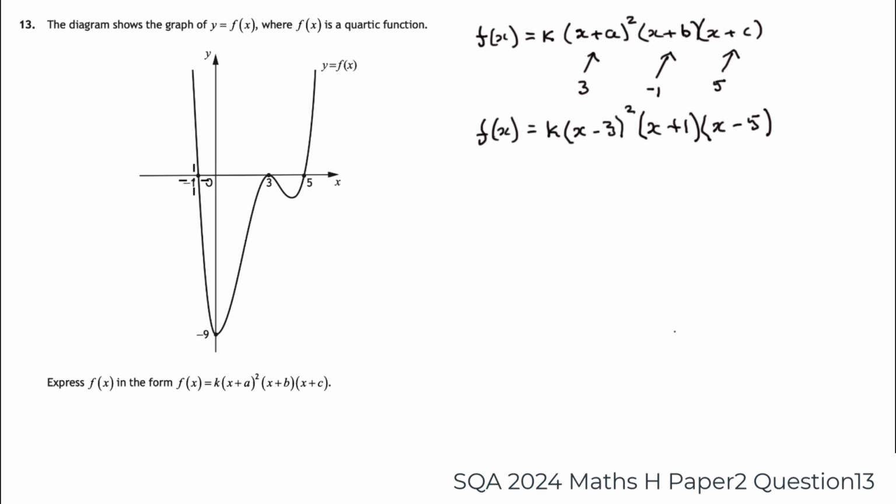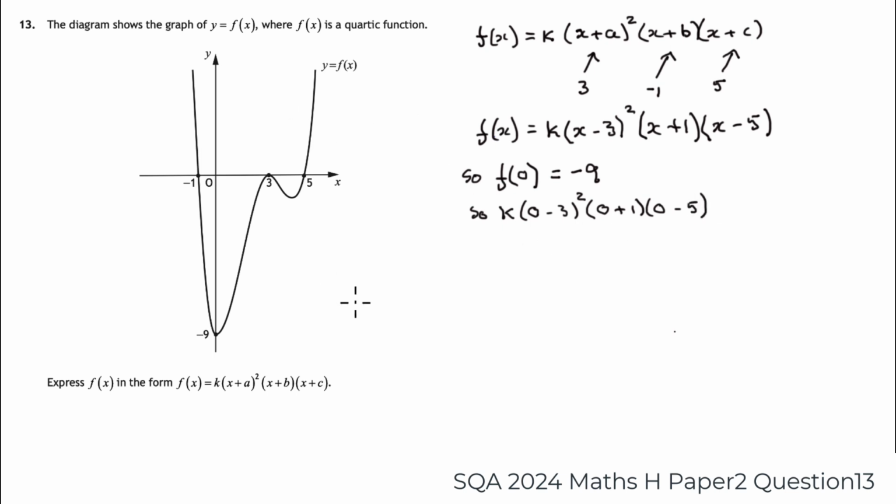Now, we've used the information of these 3 roots. The other piece of information we're given is that when x is 0, the value of this function is -9. So we can say when we put 0 into f of x, out pops -9. So what does that mean? Well, let's plug 0 into this formula. We've got k times 0 minus 3 all squared times 0 plus 1 times 0 minus 5.